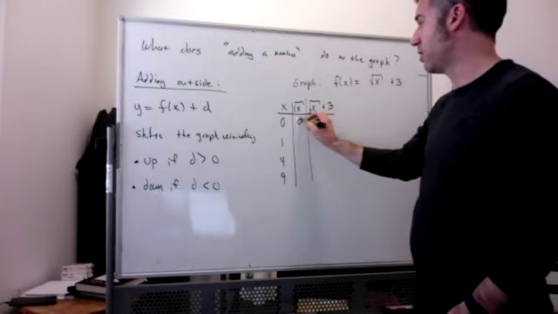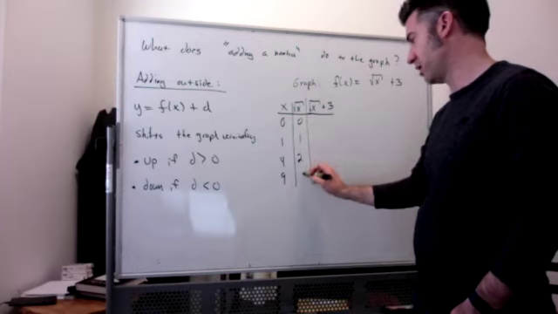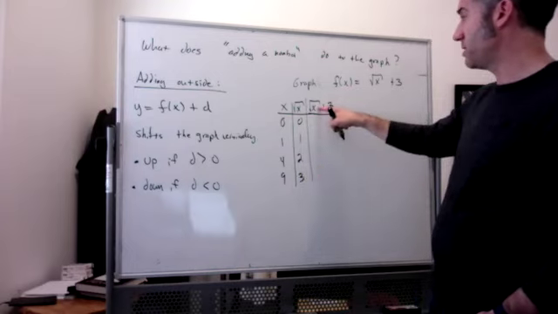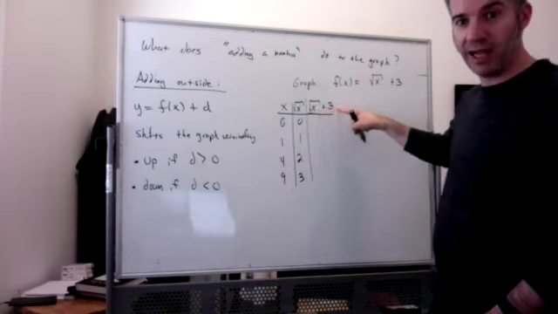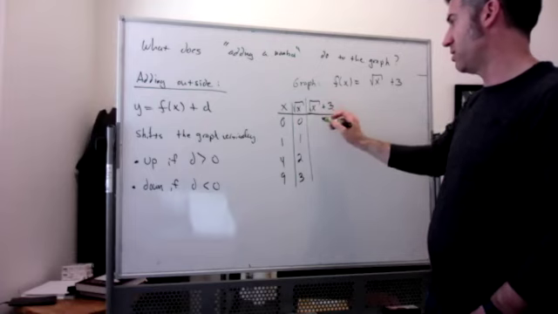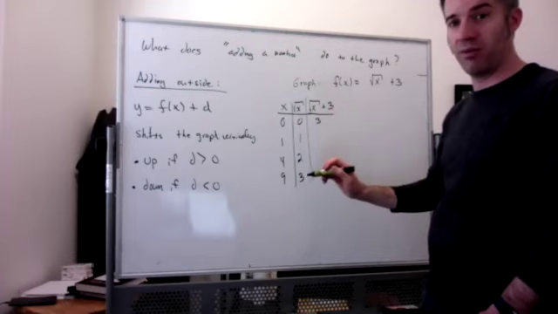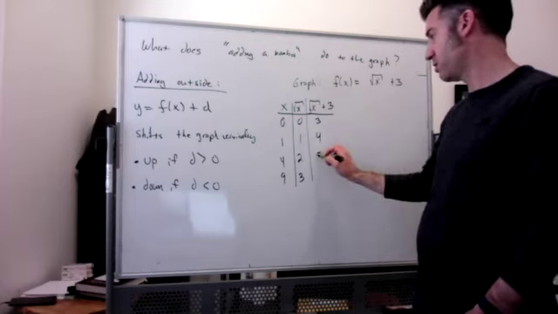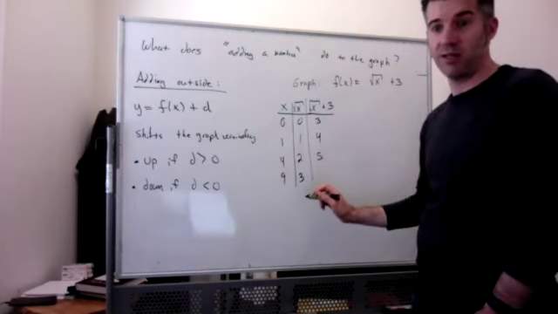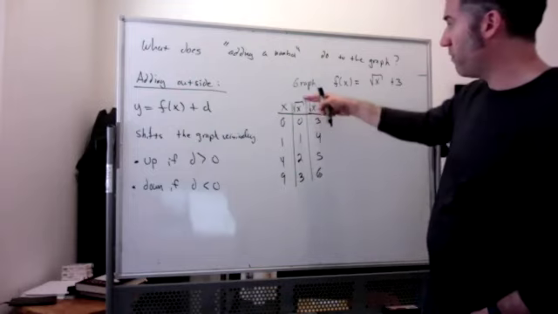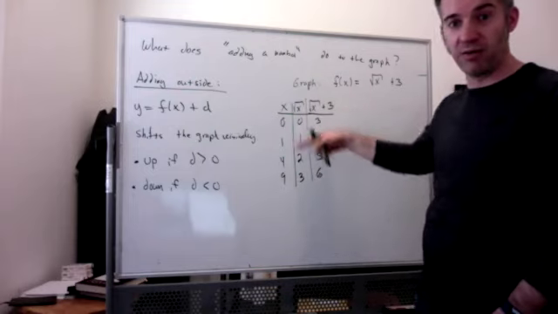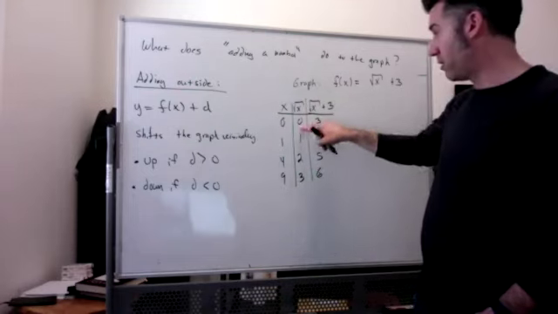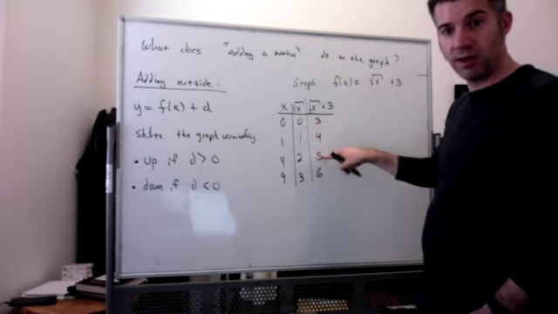Square root of 0 is 0, square root of 1 is 1, square root of 4 is 2, square root of 9 is 3. And then here, I'm just taking the same square root and then adding 3. So square root of 0 plus 3 is 0 plus 3. Square root of 1 plus 3 is 1 plus 3. Square root of 4 plus 3 is 2 plus 3. Square root of 9 plus 3 is 3 plus 3. So all of my previous y values from my parent graph got increased by 3.